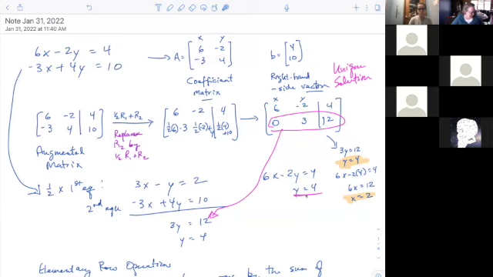All right, so that's essentially section 1.1. I'm going to move on to section 1.2.